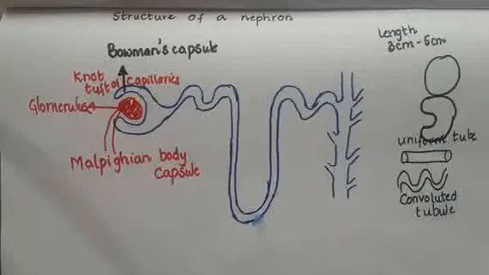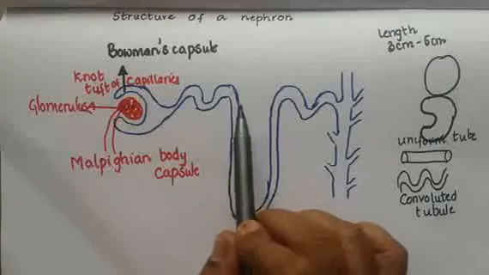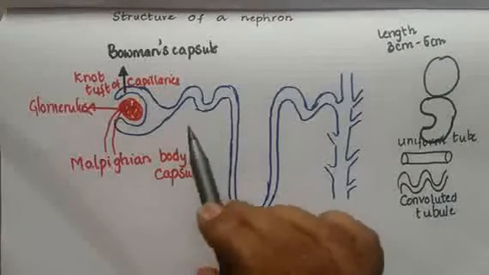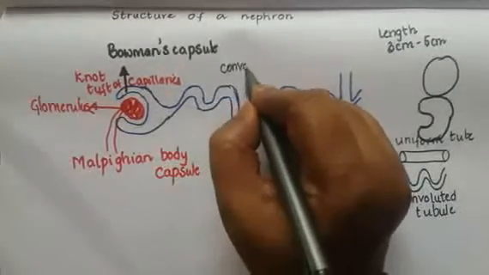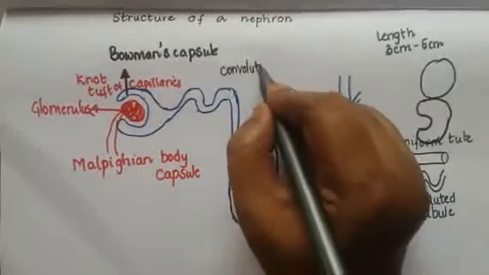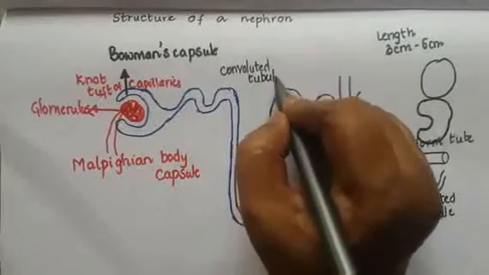What is the meaning of convoluted? Convoluted means it has a twisted structure. If you look at this nephron, you have a twisted structure, and we name this structure a convoluted tubule.